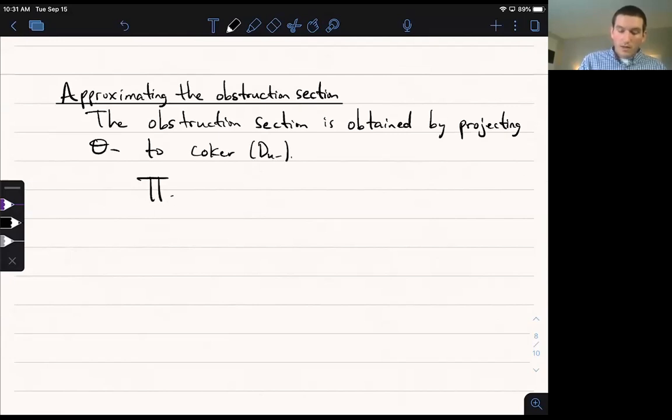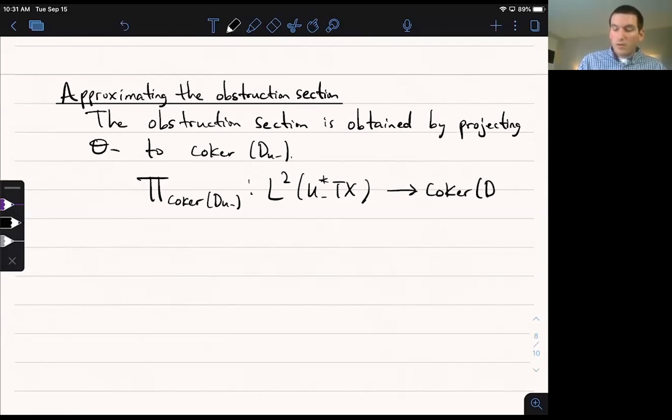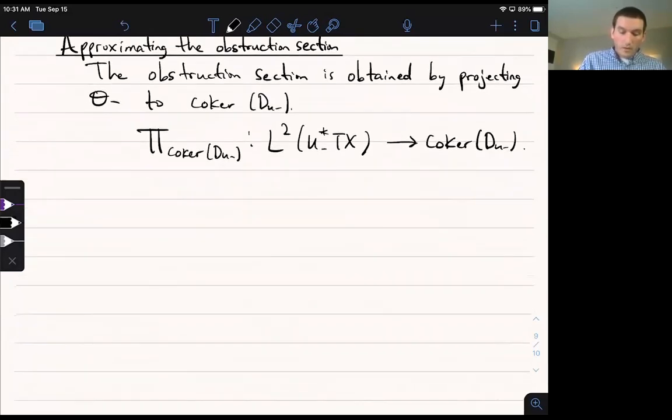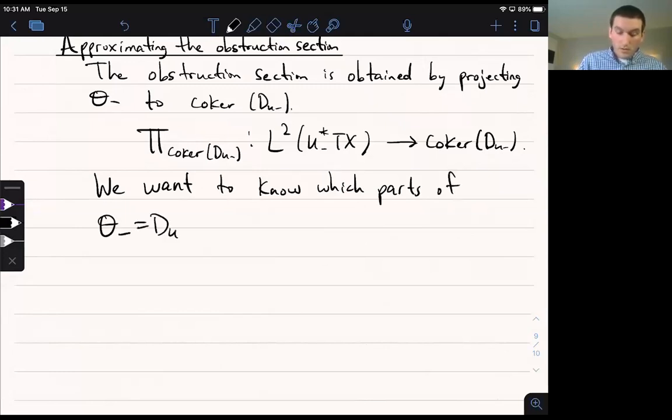So we're going to have this projection map. And we want to see what things survive projection and what things survive linearization. So I'll rewrite theta minus since it's sort of long gone up the screen. So we want to know which parts of this theta minus expression survived.